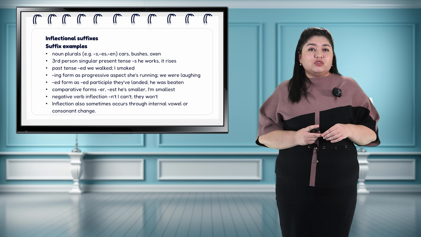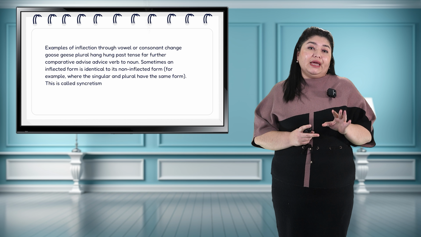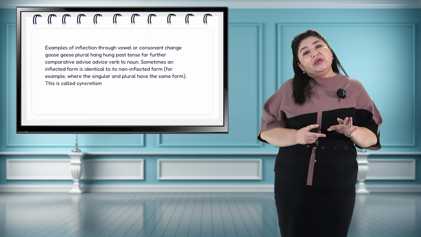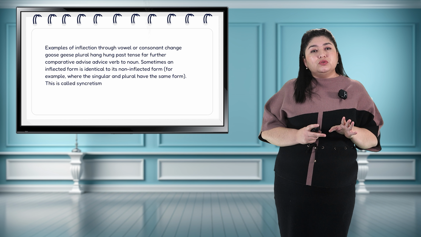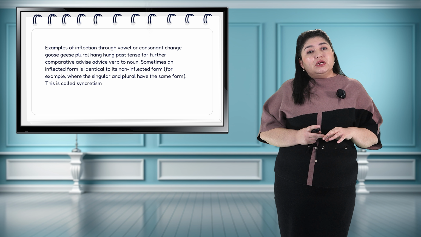Inflection also sometimes occurs through internal vowel or consonant change. Examples of inflection through vowel or consonant change: goose and geese. Here goose is the singular form and geese is the plural form. Or past tense, for example, hang, hung, or be, was, were, or do, did. Or comparative, far, further.